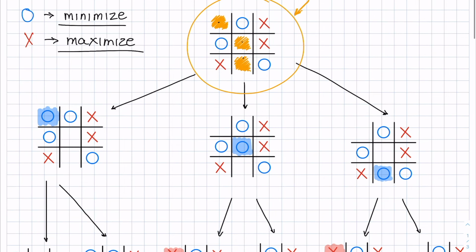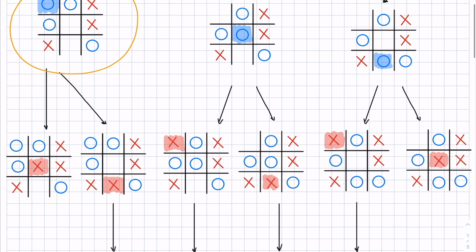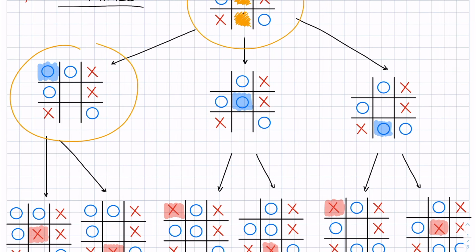The first case is going to be this one, this board on the left. So in this case, the minimize player marked the first square with a circle. Okay, so we want to do the same. We want to check if we are on a terminal scenario, and we are not. So we're going to do the same thing that we did the last time.